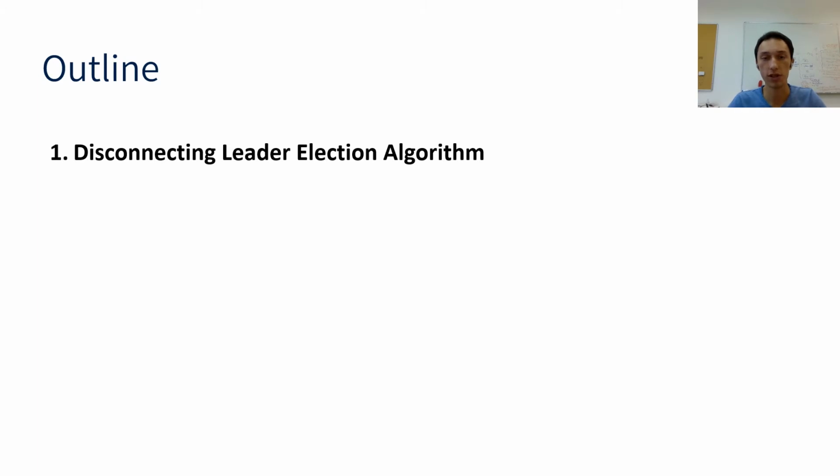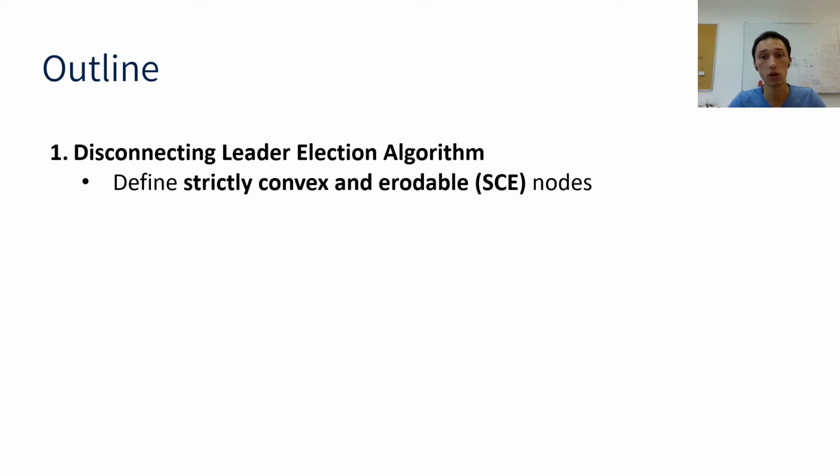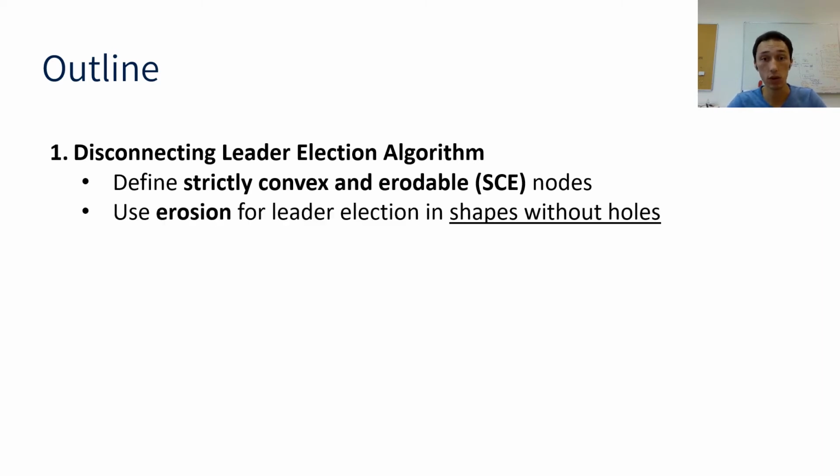The rest of our presentation follows this outline. First, we will present the disconnecting leader election algorithm. To do so, we will need to introduce the notion of strictly convex and erodible nodes, SCE nodes. Then, we define an erosion process in which all particles start as leader candidates, and particles that occupy SCE nodes are iteratively removed from the set of leader candidates.